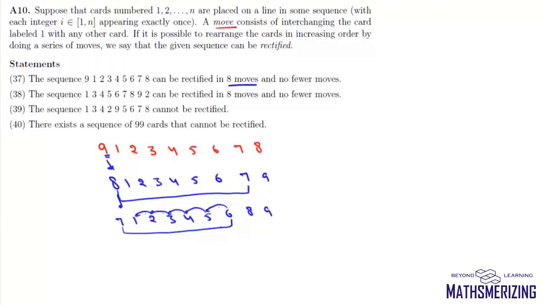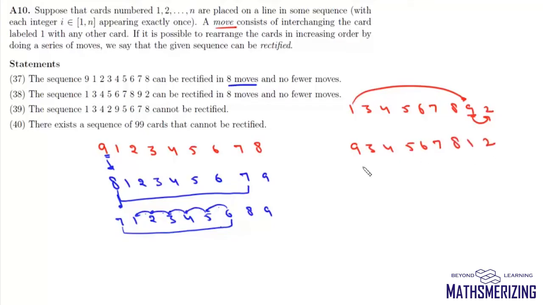Now in 38, we have the second sequence, which is 1, 3, 4, 5, 6, 7, 8, 9, and 2. First we have to place this 9 at the end. So we'll interchange 1 and 9, and it'll be 9, 3, 4, 5, 6, 7, 8, 1, 2. Then we'll interchange this 9 with 2.